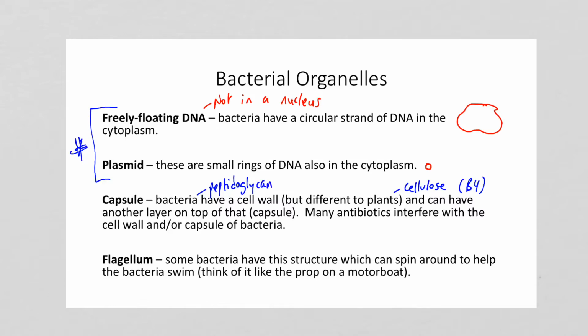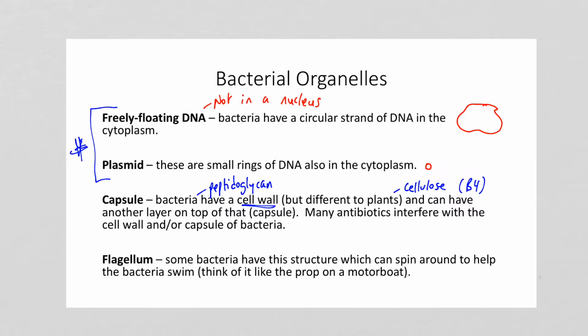And again, that is beyond GCSE. It's just curious if you're wondering about how the cell walls of plant and bacterial cells are different. Some bacteria have yet another layer on top of that called the capsule. So they would have three layers: capsule, cell wall, cell membrane.